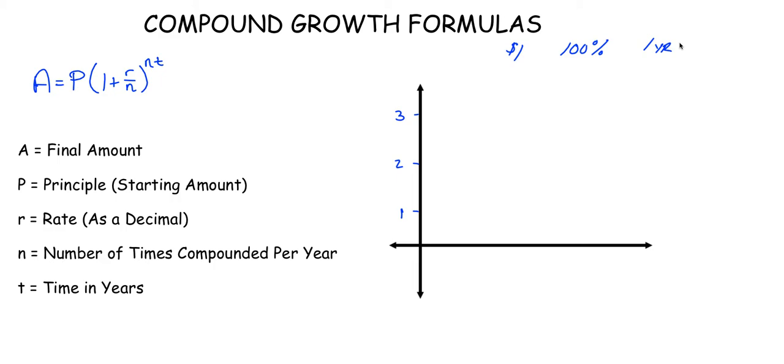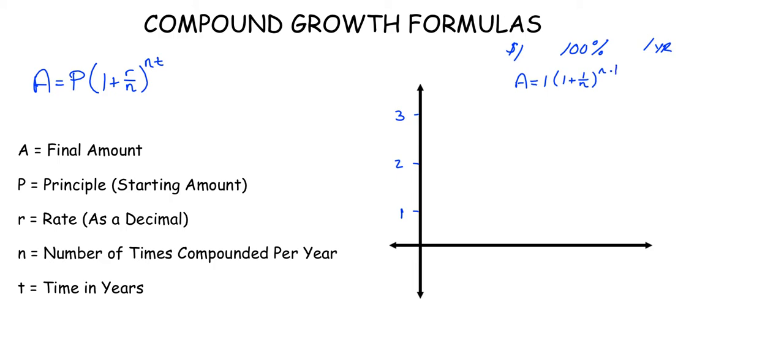So what the equation would look like, and although this is not necessarily the proper way to write it, but to give you an idea, it would look like $1 times (1 plus 1 over n), because 1 would be 100% as a decimal, raised to the n times 1 power.